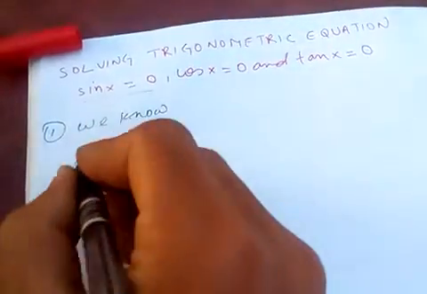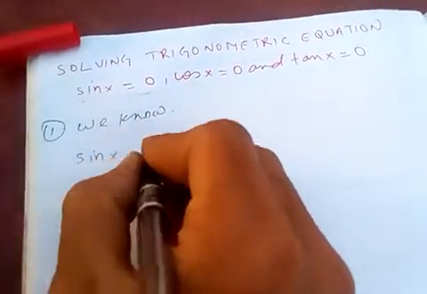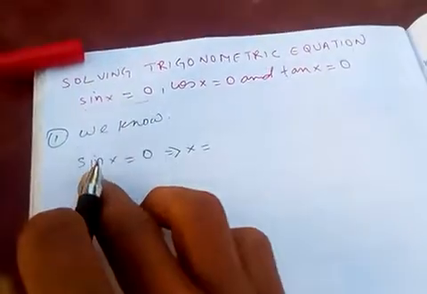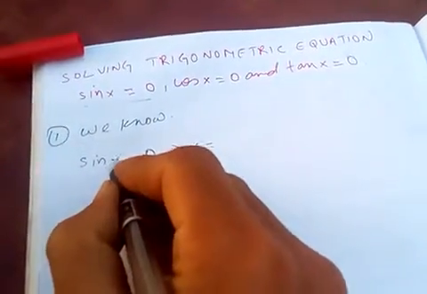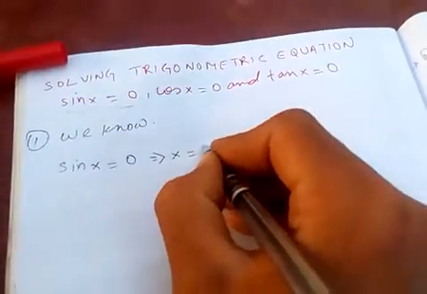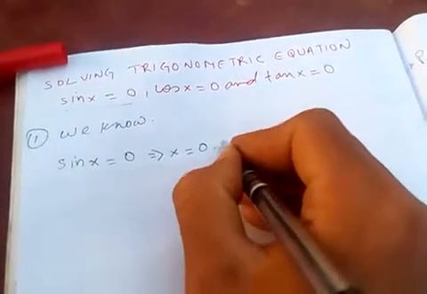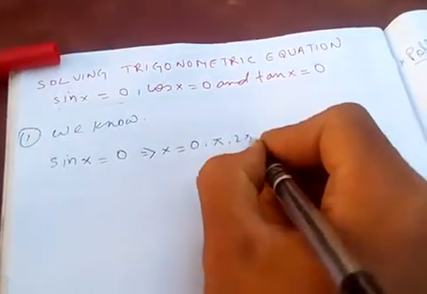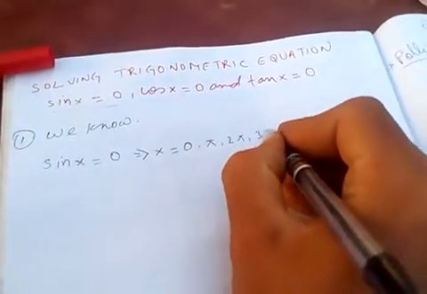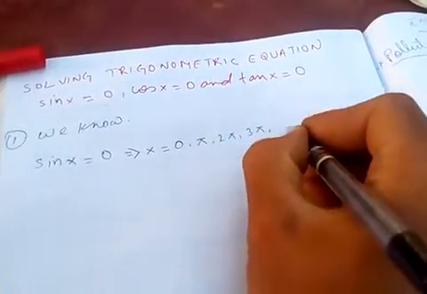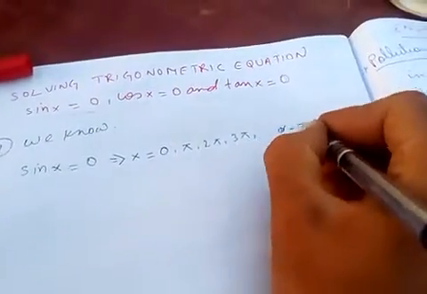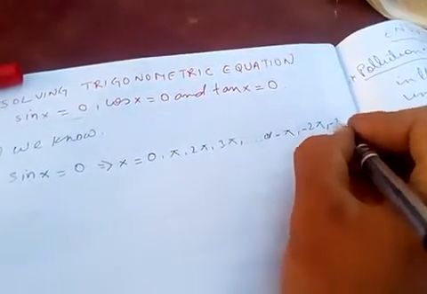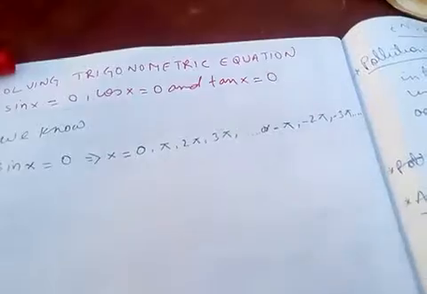Number 1, we know sin x equal to 0, which implies that x is equal to, in which angle does sin become 0? sin 0 degrees is 0, and sin 180 degrees is 0, and sin 2 pi, then 3 pi, and so on. It will keep going, also minus pi, minus 2 pi, minus 3 pi, and so on.